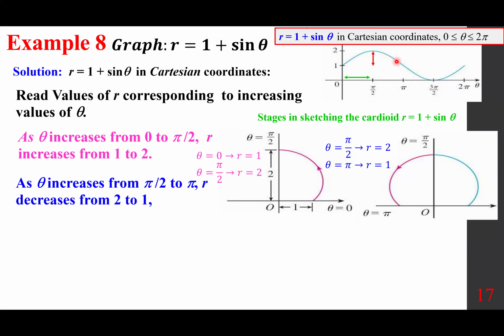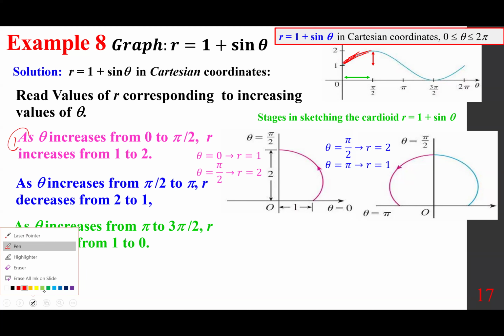So we are here, and now from pi to 3 pi over 2, as theta increases from pi to 3 pi over 2, from here to here. Maybe I do this. So this is the red part. This part, I'm going to call it the first. This is the second part.